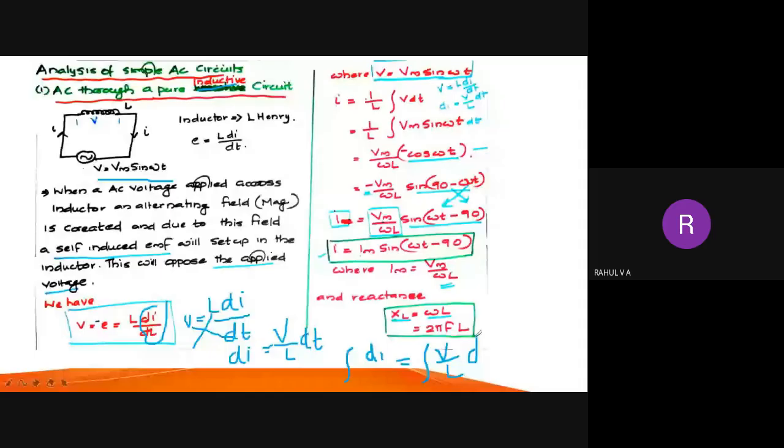So di is equal to V by L dt. For finding I, integral of di is equal to integral of V divided by L dt.